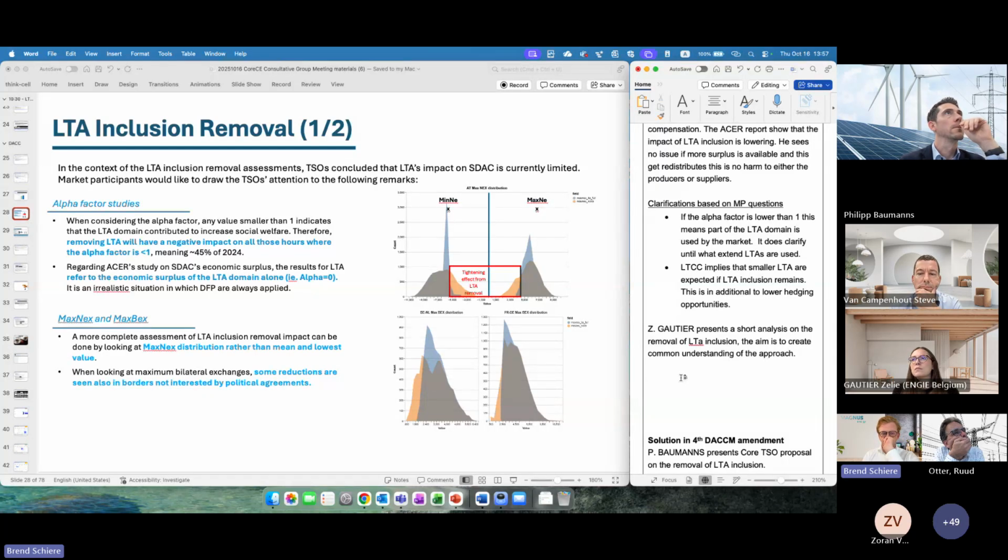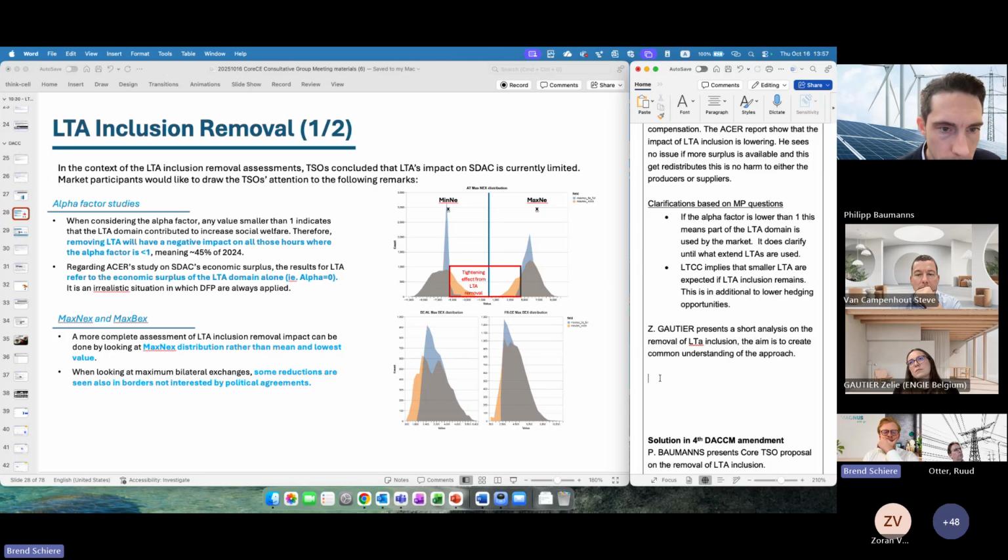The impact, you see it in the charts on the right. So on the min max net position, the impact is visible, especially for Austria, which is obvious, and it takes into consideration a value that will not be considered further in the benchmark, and we agree on that. But we also believe that looking at the maximum bilateral exchange is also important.